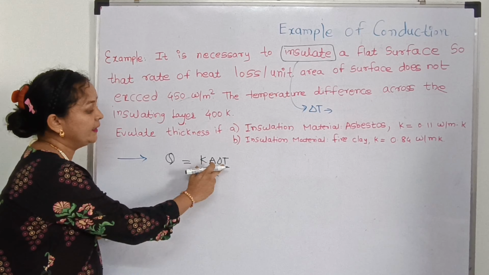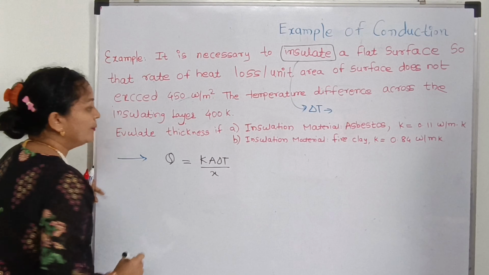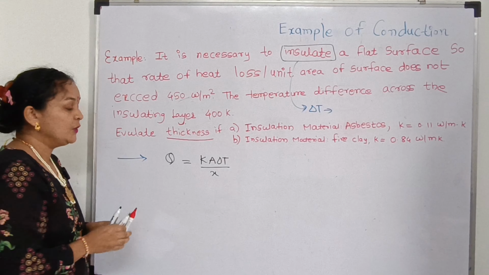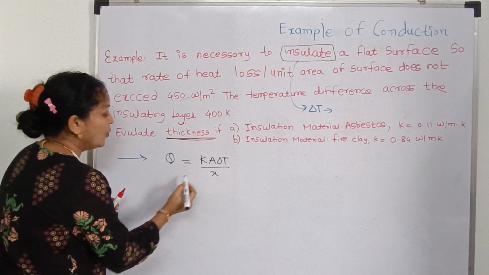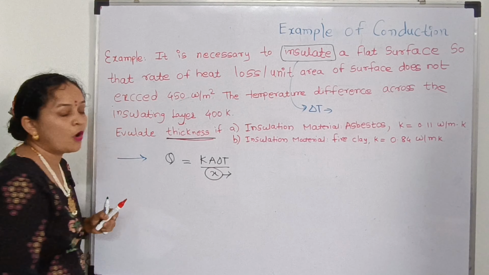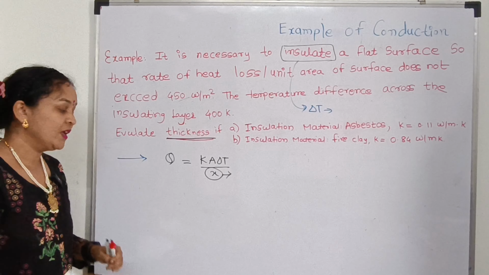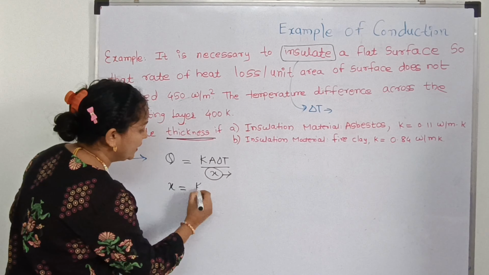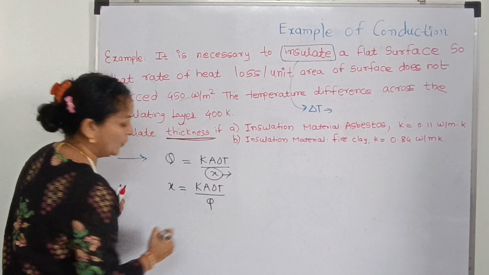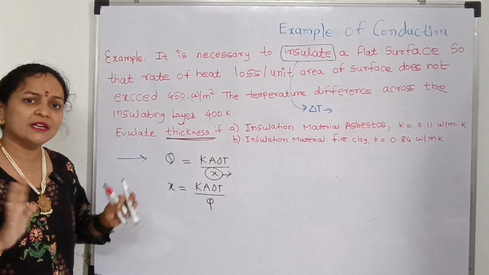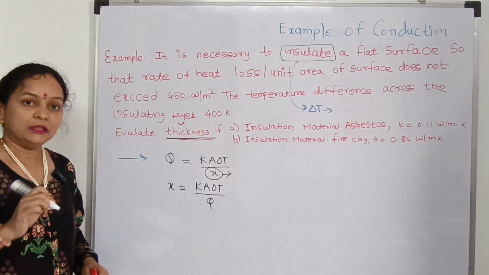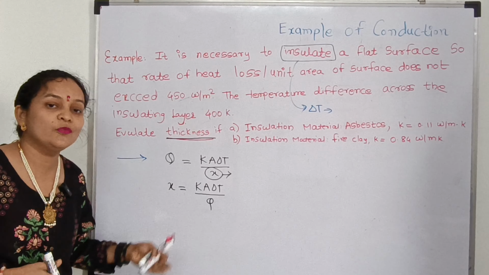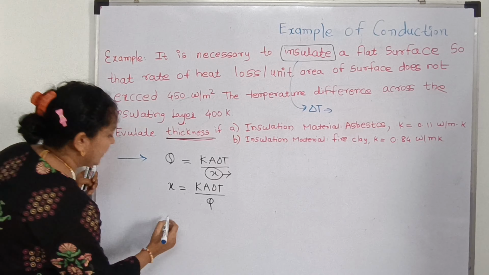But in this problem, you have to calculate the thickness, which you can write as x, or consider as the length. So you just rearrange it: x is equal to kA delta T by Q. You rearrange Fourier's law because they ask for the thickness, or the length over which heat transfer occurs from one place to another.